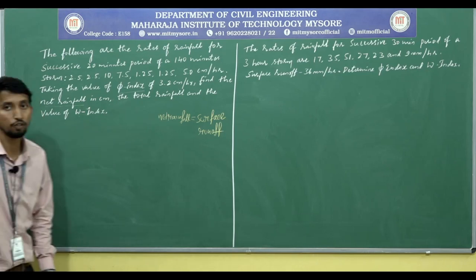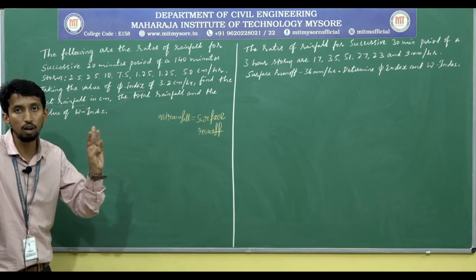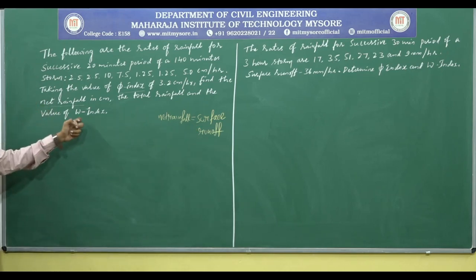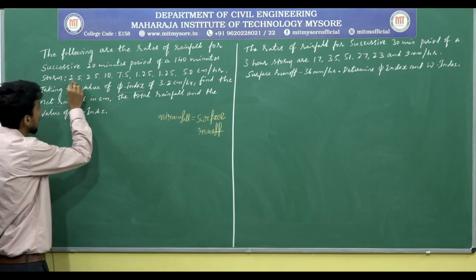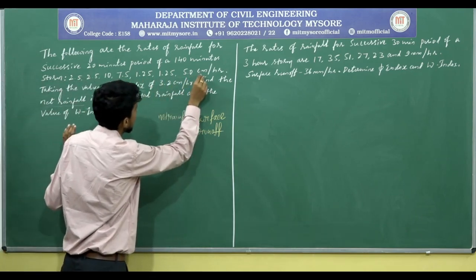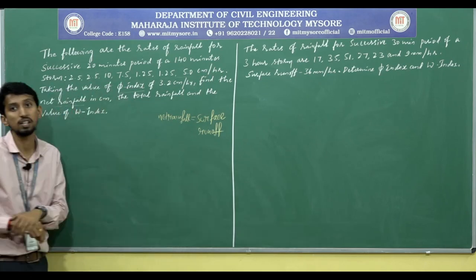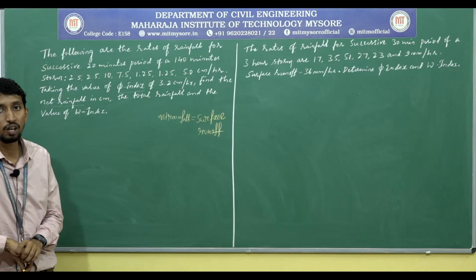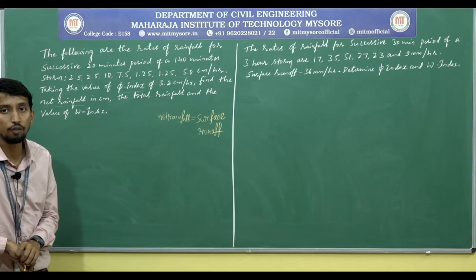So here we need to find the total rainfall and surface runoff, and also the W index. All the values given are rainfall intensities in centimeter per hour.